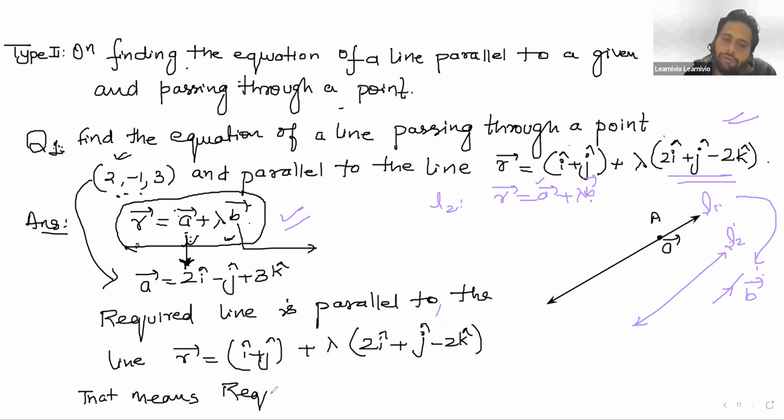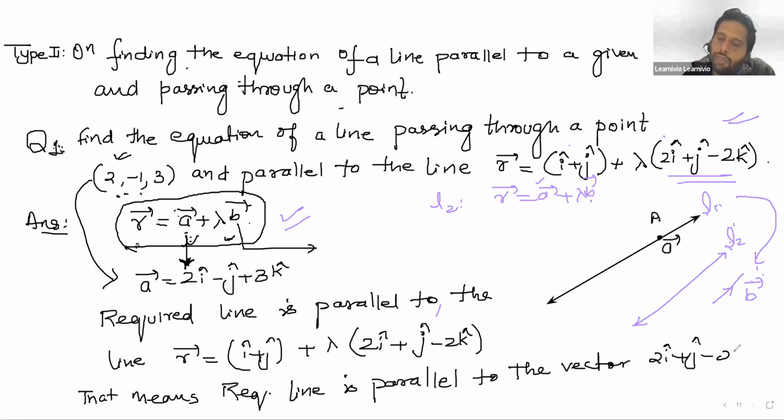That means the required line is parallel to the vector 2i cap plus j cap minus 2k cap.